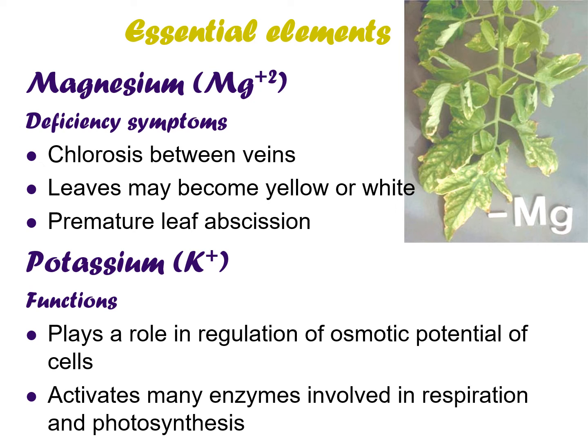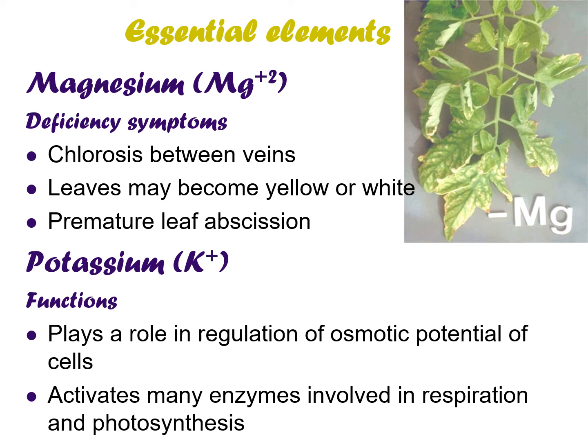Potassium is absorbed by the plant in the form of potassium cations. Potassium contributes to solute concentration of cells like stomata, resulting in its opening when potassium accumulates in the guard cells and its closure when potassium leaves the guard cells.